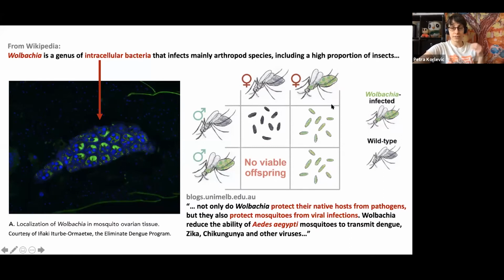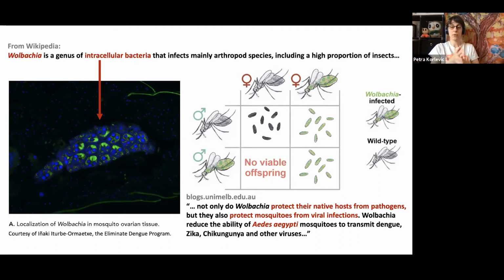So if an infected female mates with either an uninfected or infected male, her offspring is just going to be fine. However, if an uninfected female mates with an infected male, she doesn't have any viable offspring and only has it with an uninfected male. So you slowly start increasing the proportion of insects in the environment that have this bacteria in them.